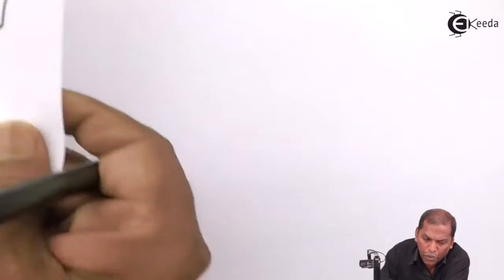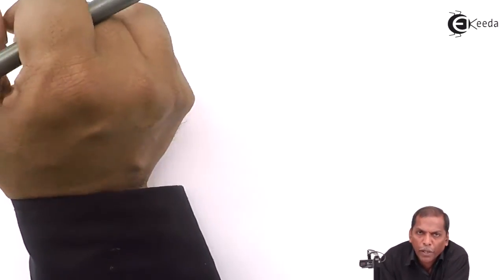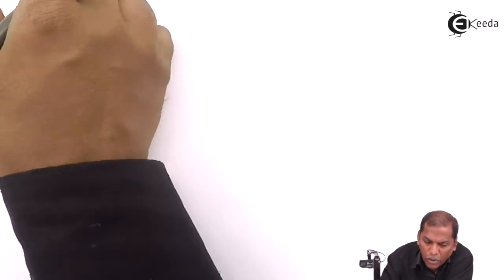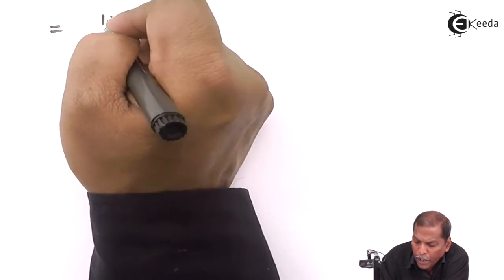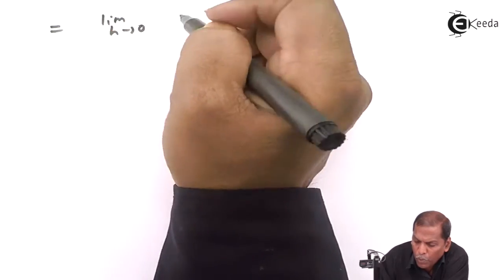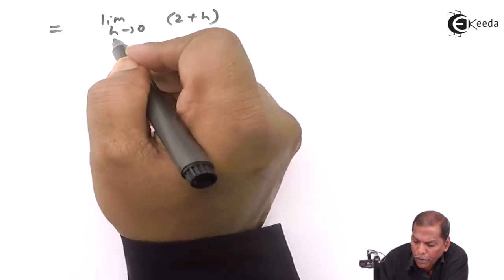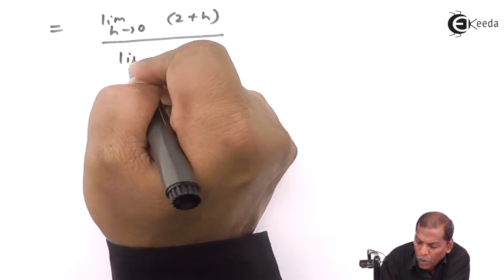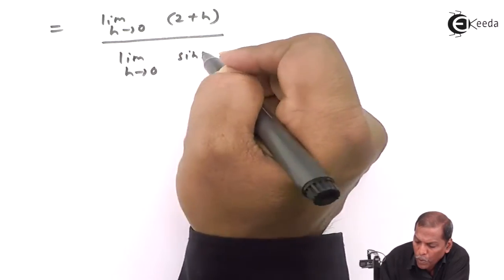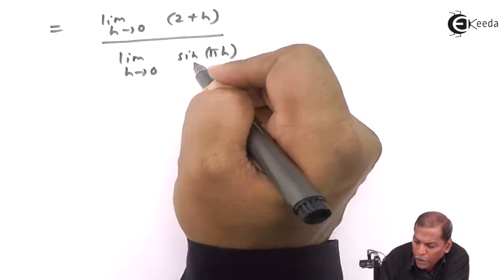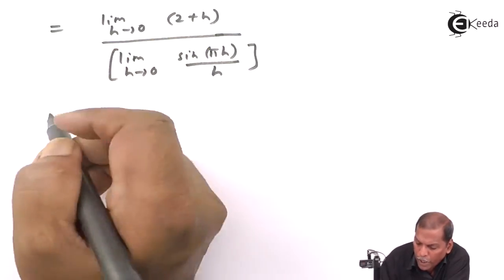Now here we have to simply adjust the limits. That minus sign we cancel from numerator and denominator, and then we write the limit as h tends to 0 of (2 plus h) in the numerator, upon the limit as h tends to 0 of sine of pi h upon h in the denominator.